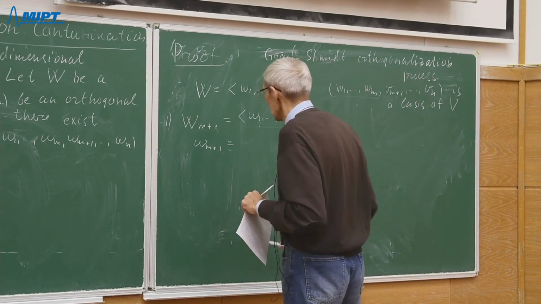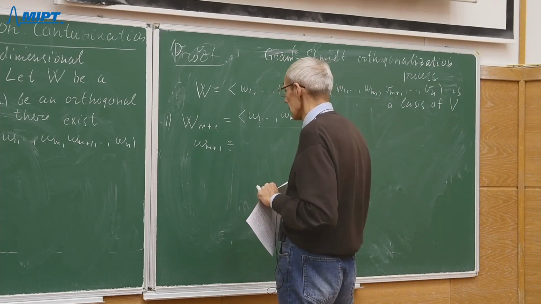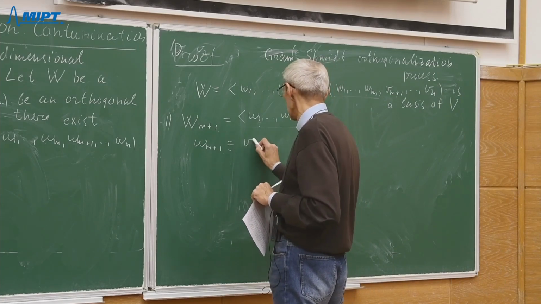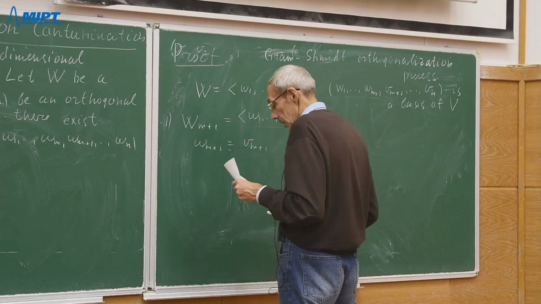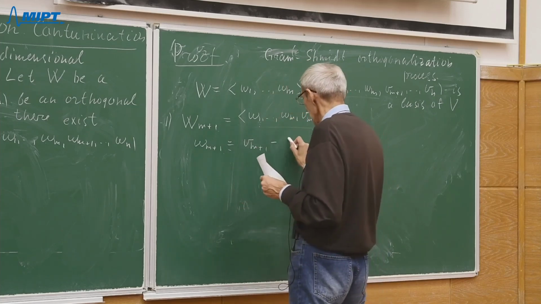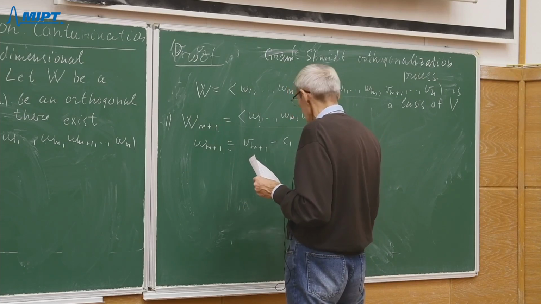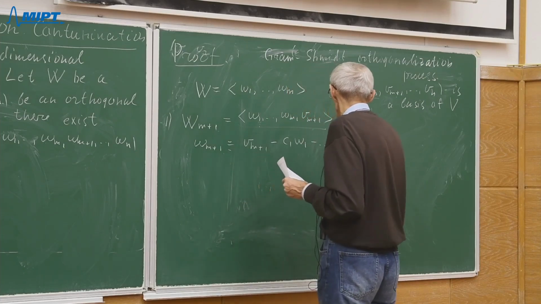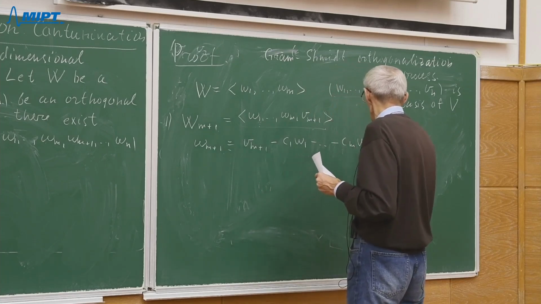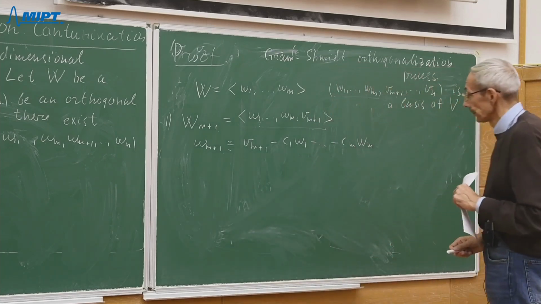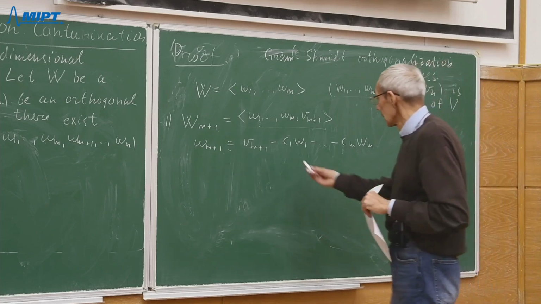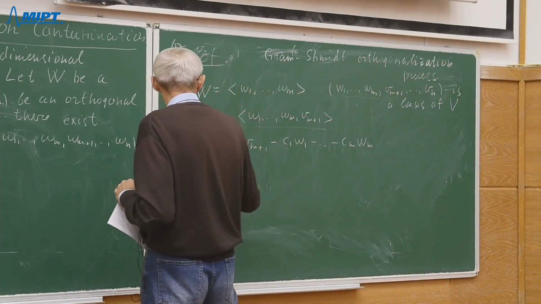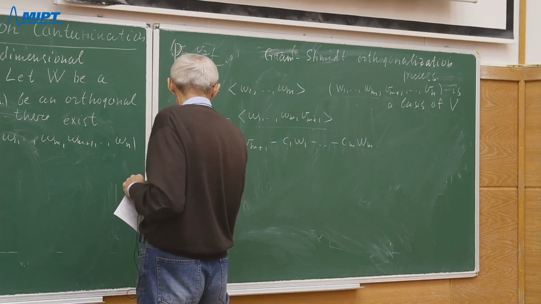And we can construct this vector Wm plus 1 as the difference Vm plus 1 minus C1 W1 minus ... minus Cm Wm. And these coefficients we can calculate using the condition of orthogonality.